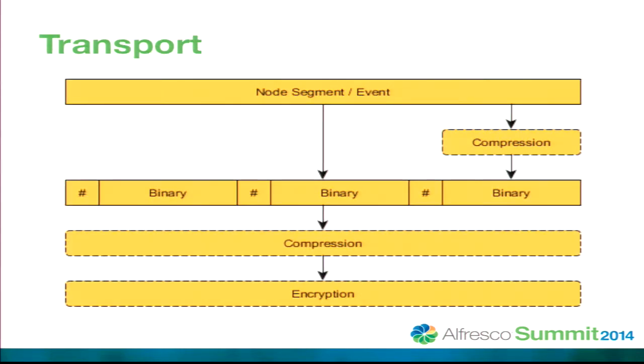And this is a really ugly diagram, but it tries to get across the whole transport layer on this system. For each node segment, we have the option to compress individual segments, and that's very useful for certain MIME types. You might want to compress the content, so a text-based PDF, you want to compress it.